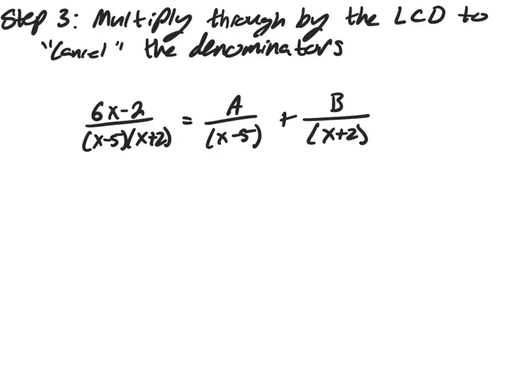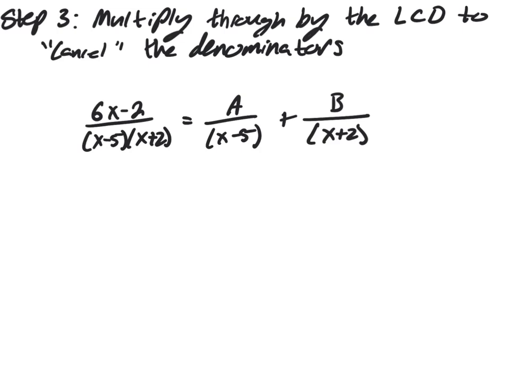Okay, so where do we go from here? Whoops, too far ahead. The next thing we want to do, step 3, is solve eventually for a and b, but our denominators are in the way. It's difficult for us to solve with denominators. So we're going to go back to the last objective, which was solving rational equations.